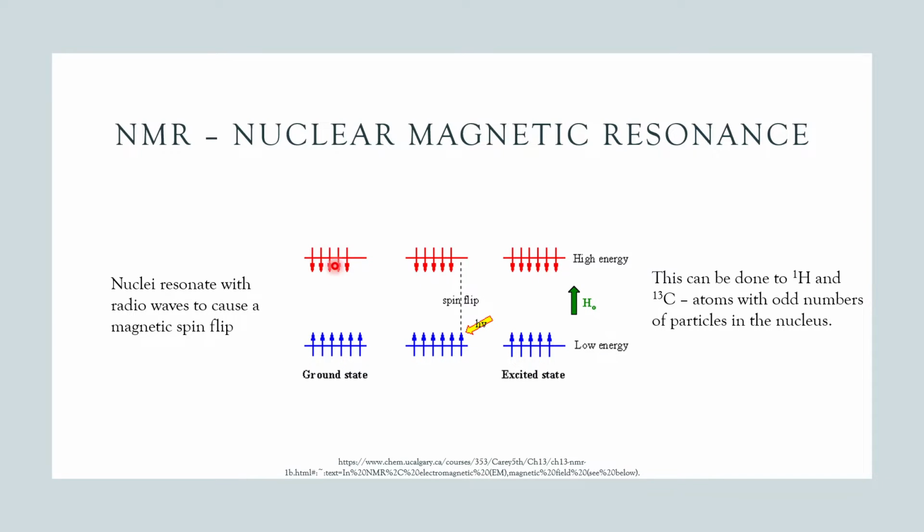We have a bunch of nuclei all pointing down for their spin direction. The up spins have lower energy and the down spins have some higher energy. But if we were to introduce some radio waves, one of these ground state or lower energy nuclei can have a spin flip. And so instead of pointing up, it will now point down, meaning that it has absorbed some energy and as a result has flipped its magnetic spin.